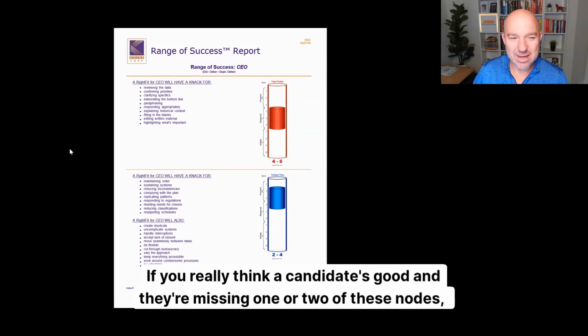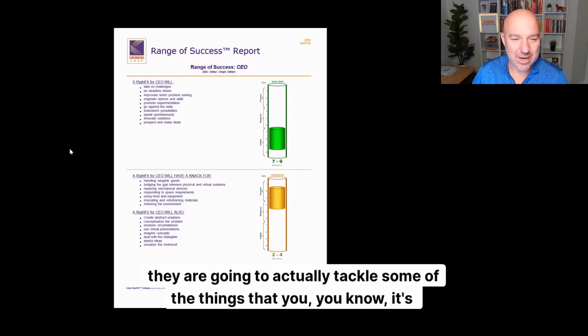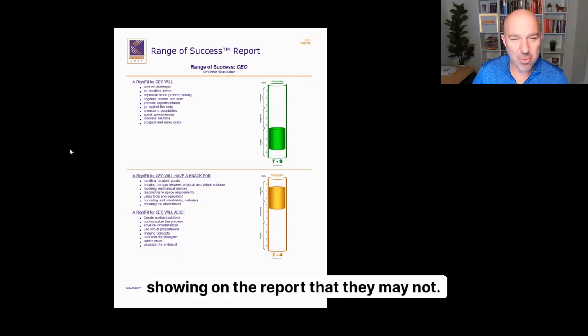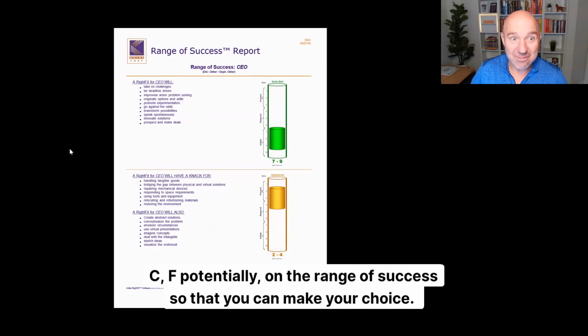If you really think a candidate's good and they're missing one or two of these nodes, then you want to dig deeper into how they're going to actually tackle some of the things that it's showing on the report that they may not. Ultimately, it will give them essentially a letter grade, A, B, A minus, C, F potentially on the range of success so that you can make your choice.